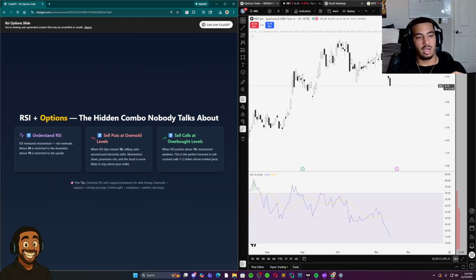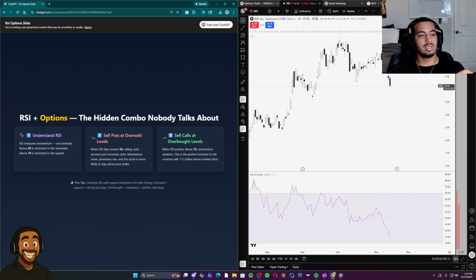Using RSI for covered calls, it's opposite logic. When RSI hits 70 or higher, the stock is stretched upwards. I sell covered calls one or two strike prices above the current price. It's a safe, high probability zone because momentum is slowing.